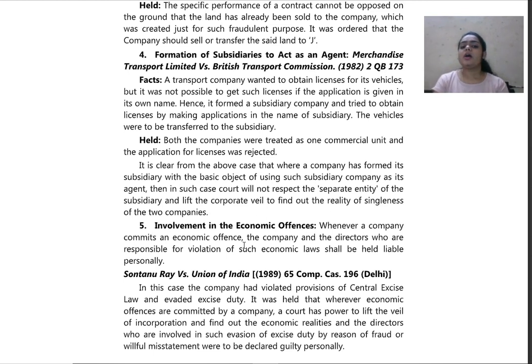So in that case, what did the court do? The court lifted the corporate veil, and after lifting it, said that the separate entity does not exist, as in reality the two companies were one single company. Hence the application for the licenses was not accepted, and in this way they rejected the license for the commercial unit.